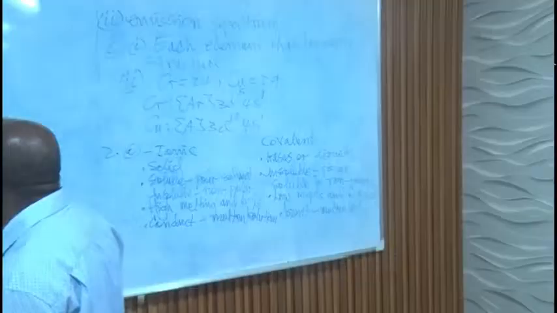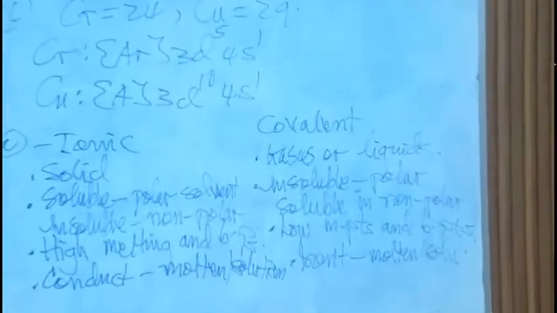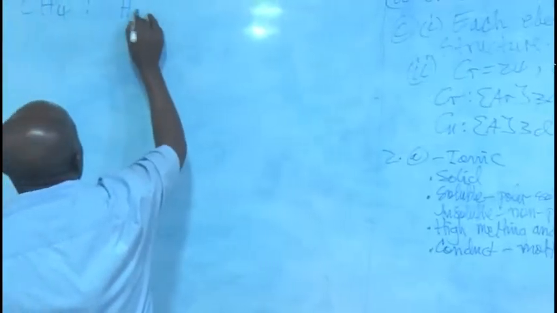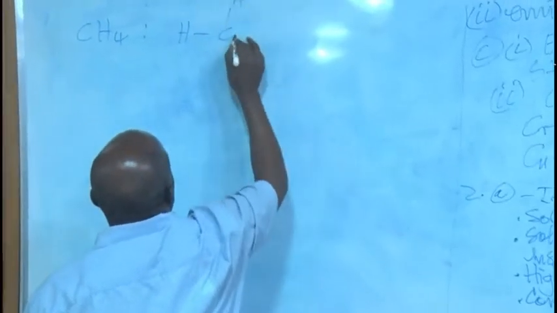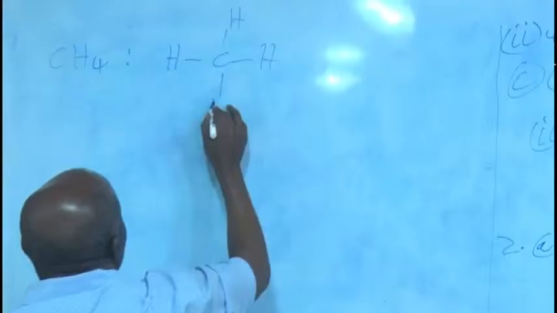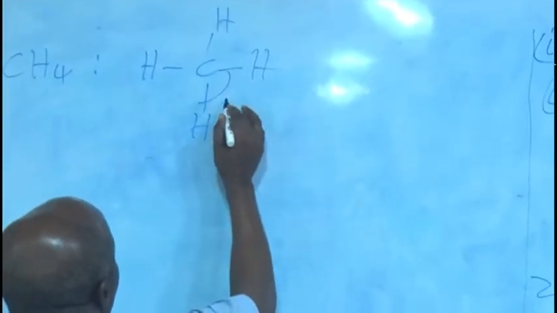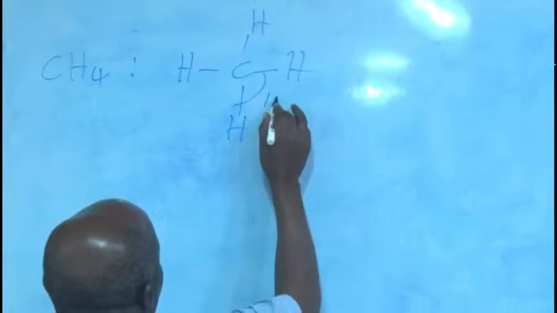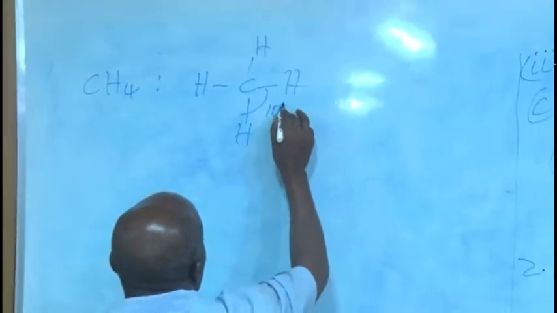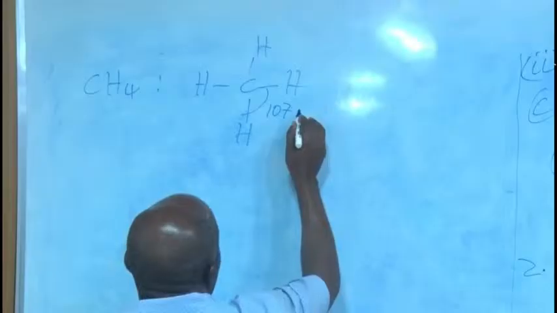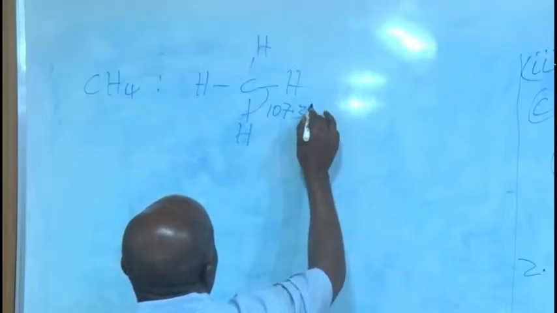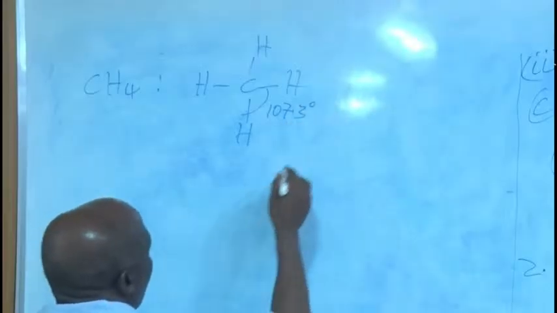So methane, CH4, has a structure with H, H, and H around the carbon. So this angle is about 109.5 degrees.